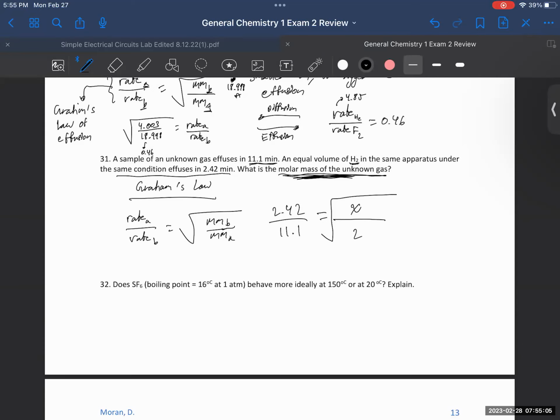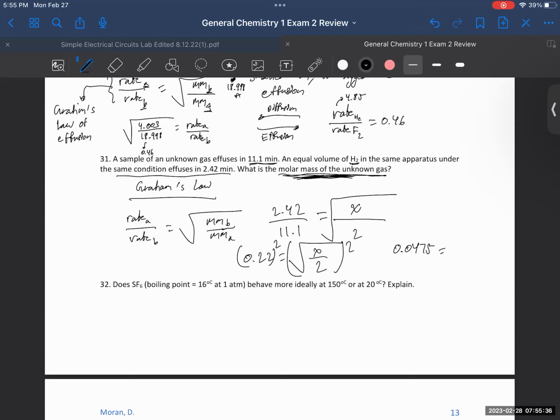All right, from here, all we have to do is algebra. So 2.42 divided by 11.1, we're gonna get 0.22 equals the square root of X over 2. Then we're gonna square both sides to get rid of the square root, and we get 0.0475.